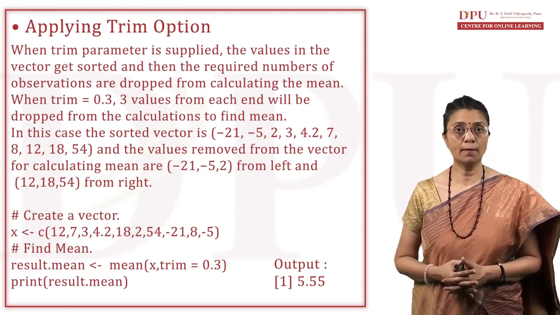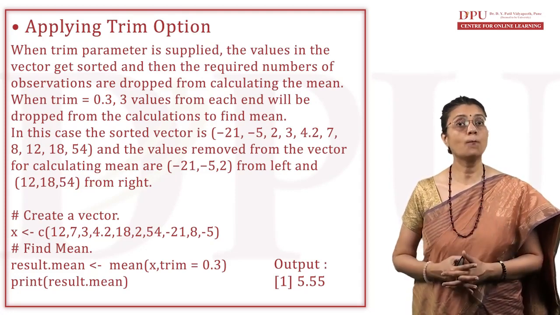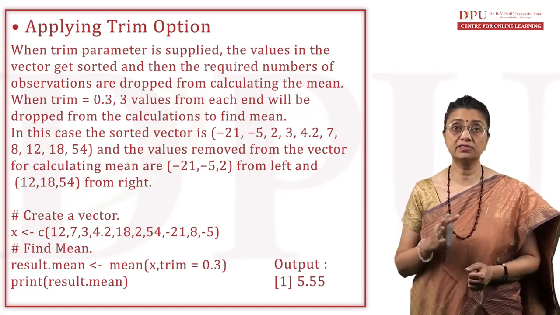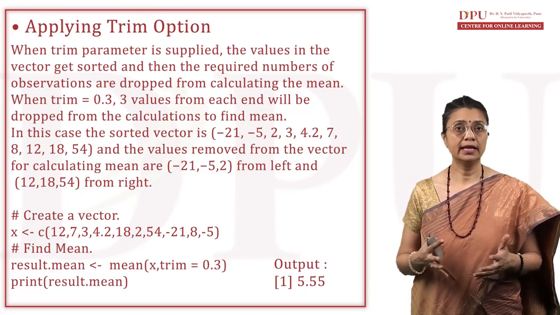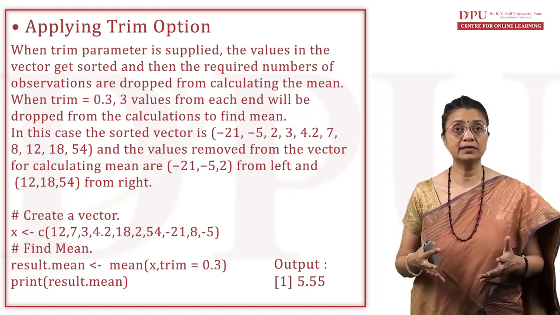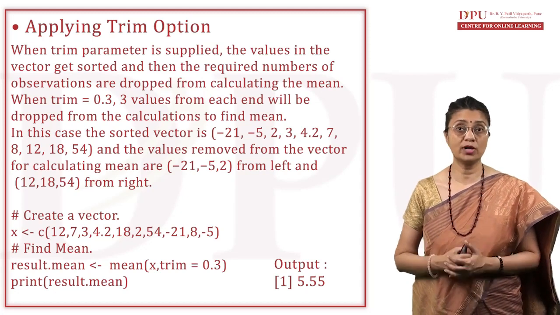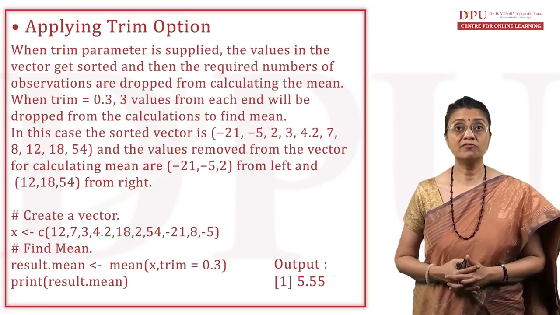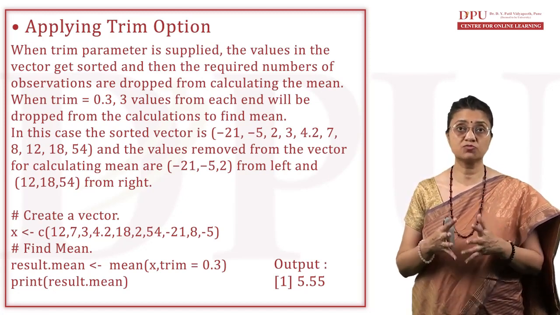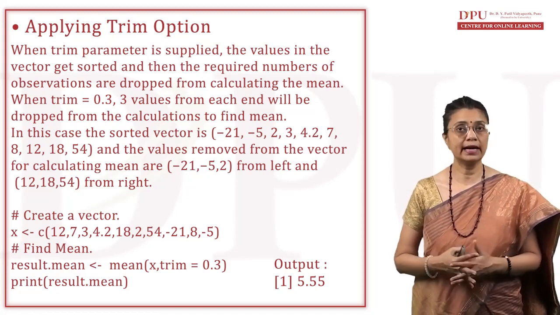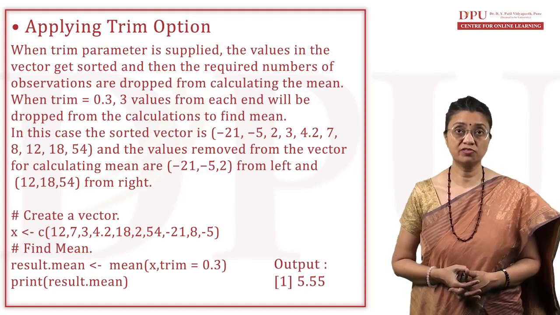After that, I put a comma and write trim equals 0.3, which means that I'm dropping 3 values from the start and 3 values from the end. Finally, I'm printing result.mean on the screen. The output is 5.55. When I total 3 plus 4.2 plus 7 plus 8 and divide by 4, I get the mean, which is 5.55.